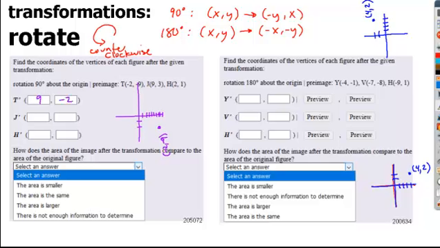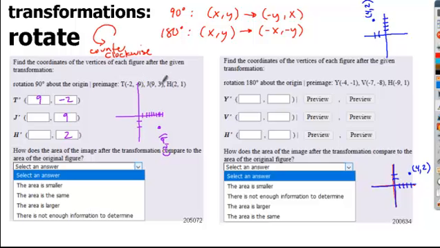Once I establish this one time, I can now use this rule. So my x's become my new y's. So I'm going to take my x of 9, my x of 2, and I'm going to put those into the y's for the translated points. And then what happened to my new x? My new x is the opposite of my old y, right?